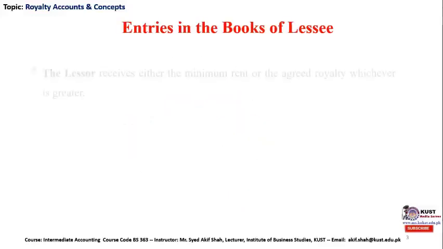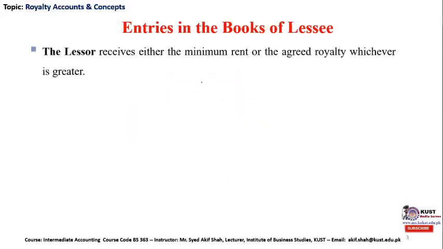So entries in the books of lessee: the lessor, who is known as landlord, is going to receive either the minimum rent or the agreed royalty, whichever is greater. Let's suppose the minimum rent is 10,000 to be paid out to the lessor each year by the lessee, then that is known as the minimum rent.